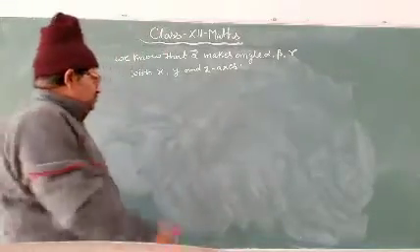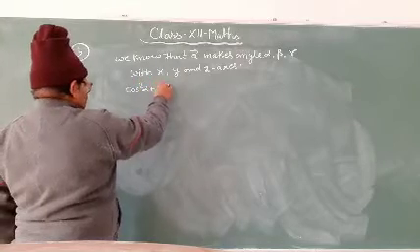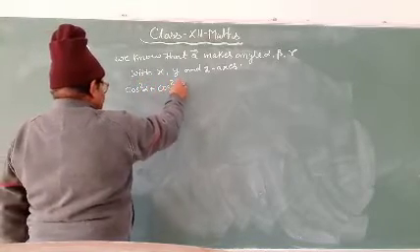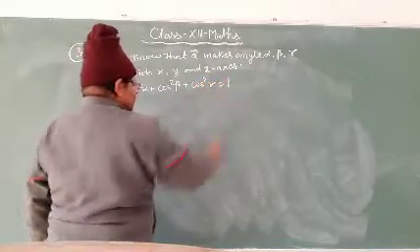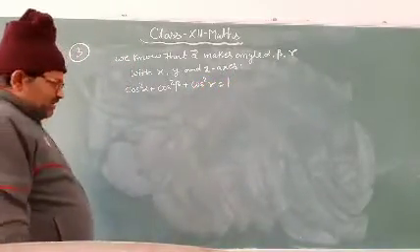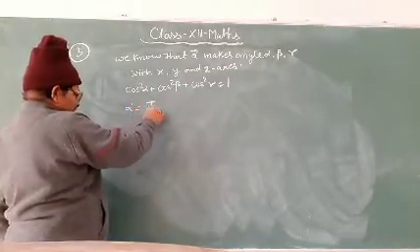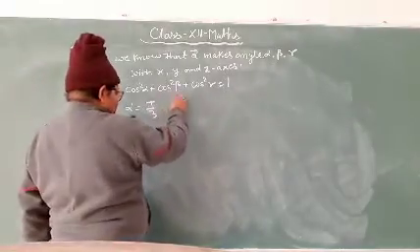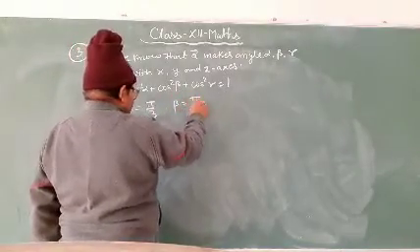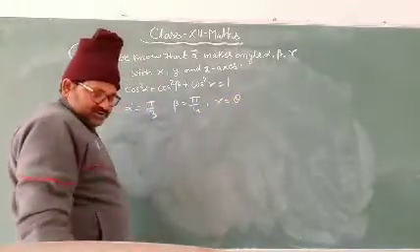So cos square alpha plus cos square beta plus cos square gamma is equal to 1, and alpha equal to pi by 3, beta equal to pi by 4 and gamma equal to theta.